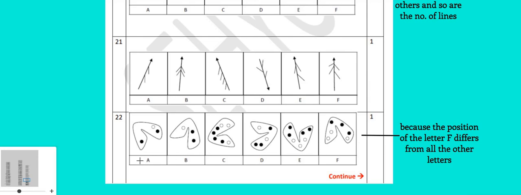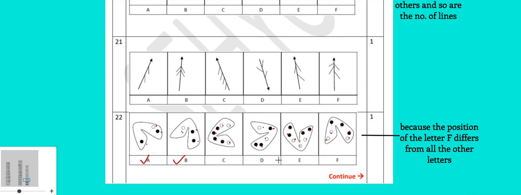Because see, in figures A and B, we have 3 circles right here. 1, 2, 3 and 1, 2, 3. In C and E we have 7. 1, 2, 3, 4, 5, 6, 7. But in D, 1, 2, 3, 4, 5, and in F, 1, 2, 3, 4, 5, 6.